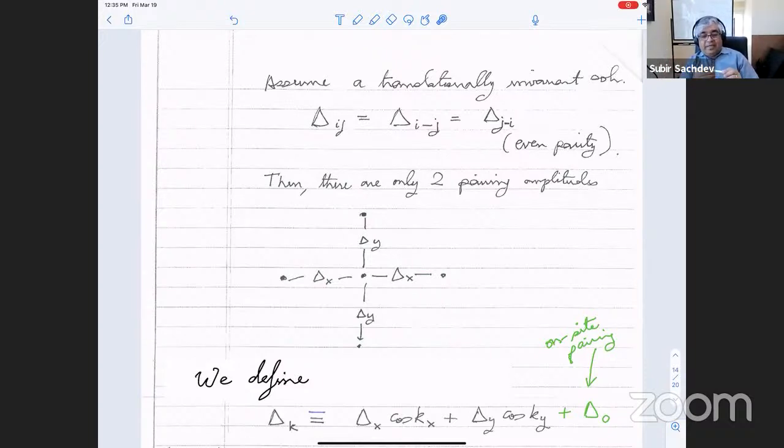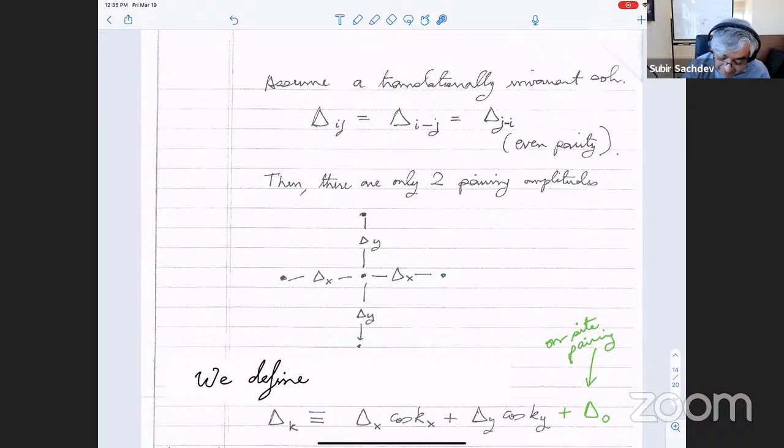So the naive guess would be delta x should be delta y. But that's not the only guess that's allowed. If you think a bit more, there's one other choice, which is delta x equal to minus delta y. And that's, in fact, the correct choice for the cuprates.